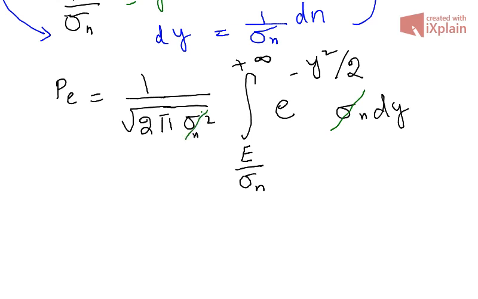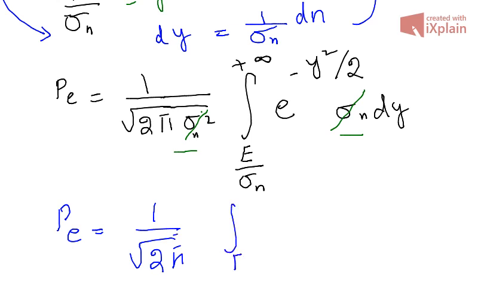So sigma n is in the numerator here, denominator here, and in the numerator here. So both sigma n would cancel out, and our expression for the error probability can be rewritten as 1 over root 2 pi, integral from e over sigma n to infinity of e raised to the power minus y square over 2 dy.